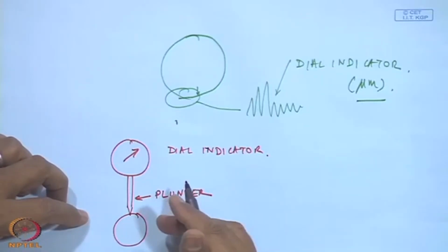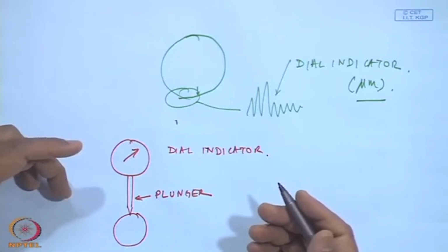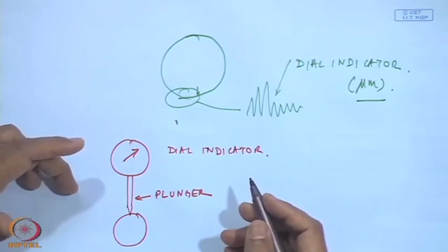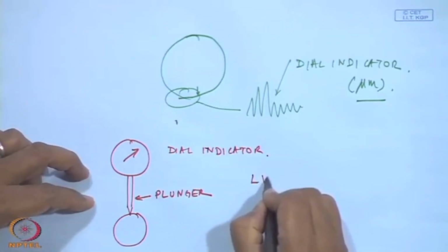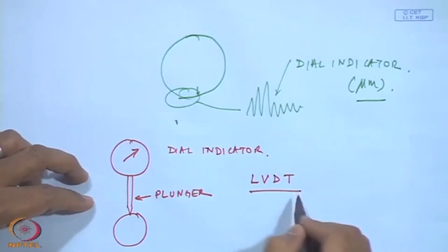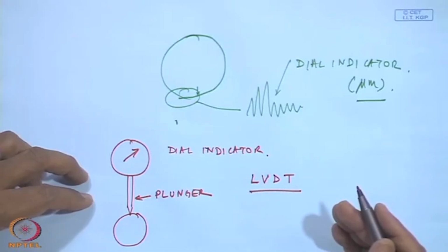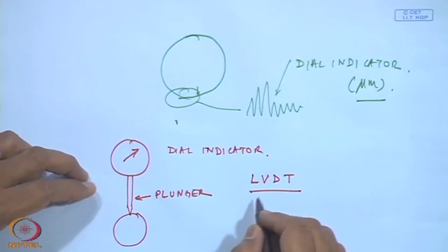So, the need for high frequency measurements arises, and that is where our dial indicators or LVDT, another linearly variable displacement transducers, have a limit in the frequency range as to how much they can measure. I mean, for low speeds they are good.